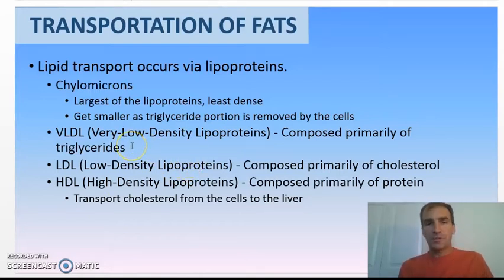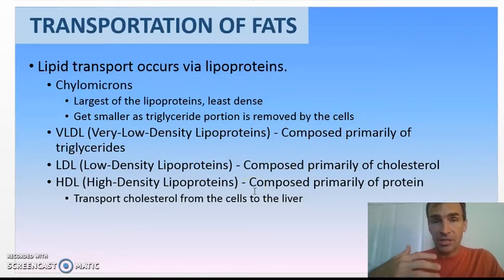Now, for the purpose of nutrition, we're not going to get so much into the chemistry here. What I want you to understand is that there are HDL, high density lipoproteins, which are just that, high density protein. And they actually aid to transport cholesterol to the liver. And the liver makes bile and then sends bile to the gallbladder to send it to the small intestine.